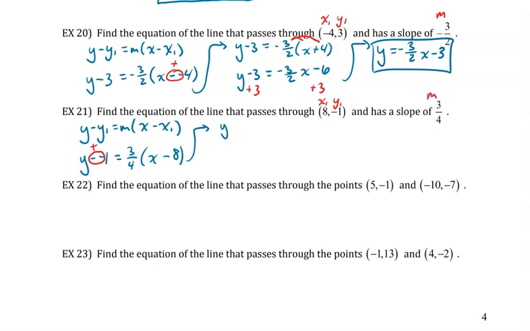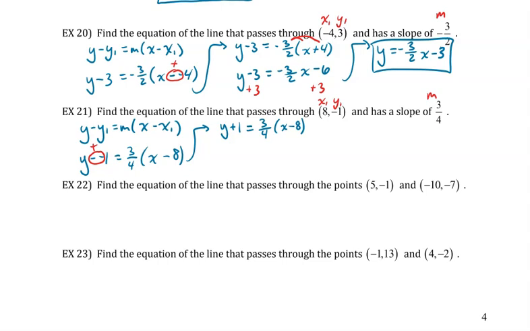So we get y plus 1 equals 3/4 times x minus 8. If you're looking for it in point slope form, you are done.